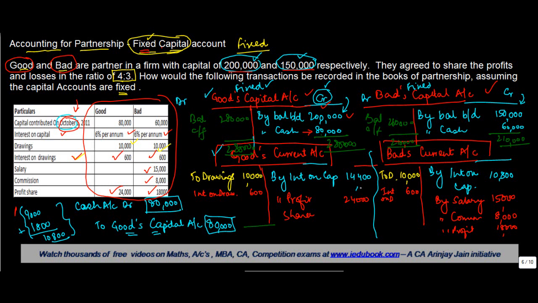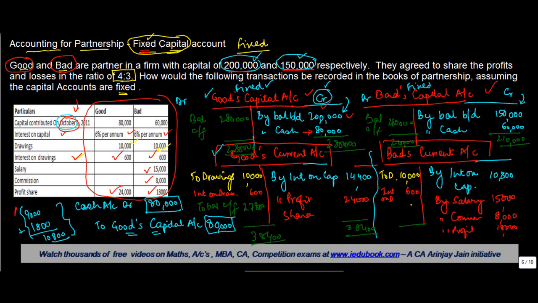Here 14,400 plus 24,000, 38,400. Same number you write here also. If you subtract, how much is this? 10,000 plus 600, 10,600. If you subtract this from here, you will get 27,800 as balance carried forward.